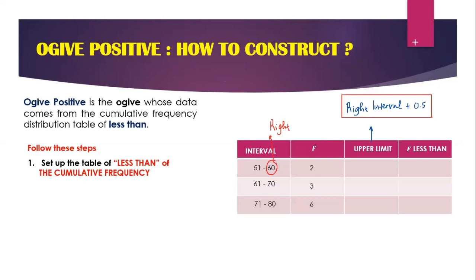So for the first row, it is 60 plus 0.5, which is 60.5. The second row, the right interval is 70, so the upper limit is 70.5. And the third row is 80, so the upper limit is 80.5.